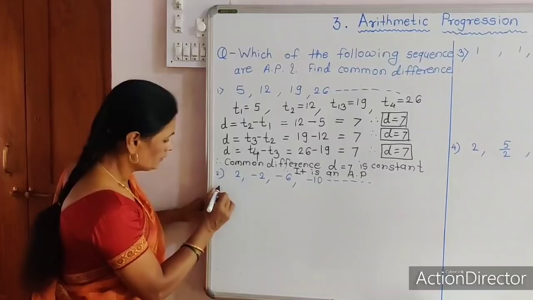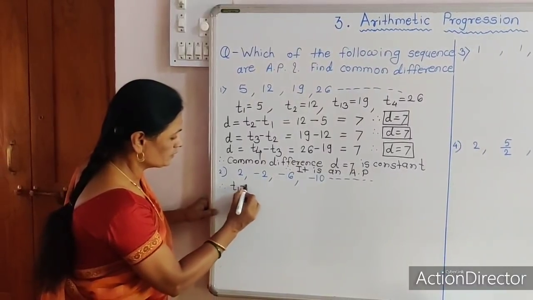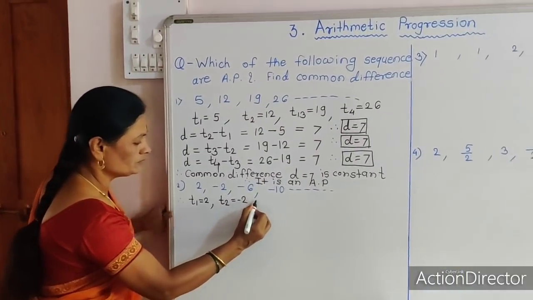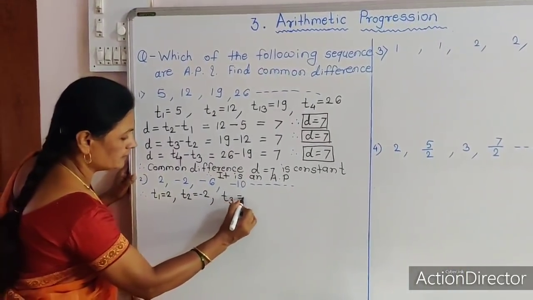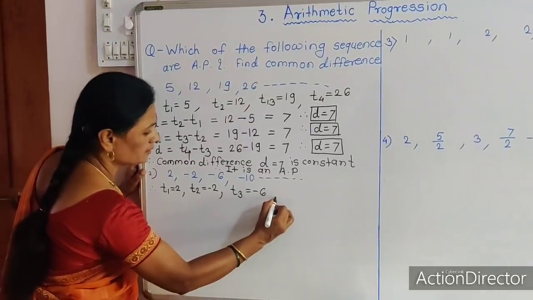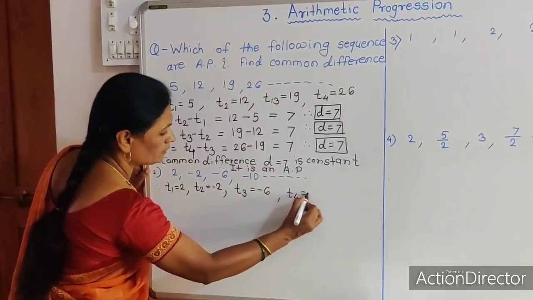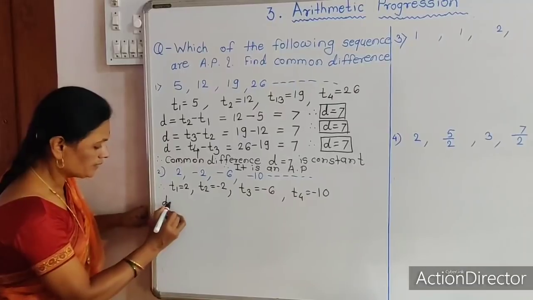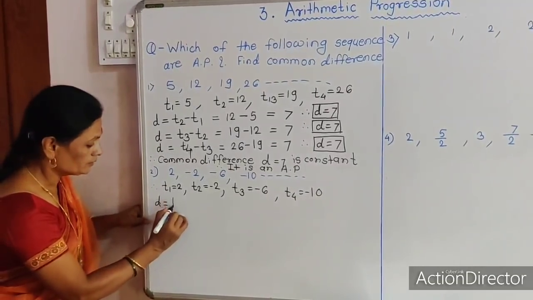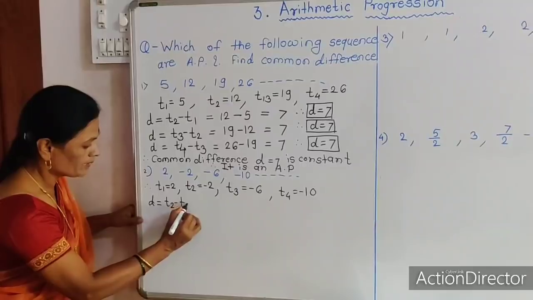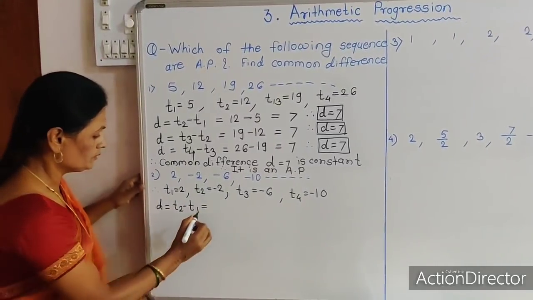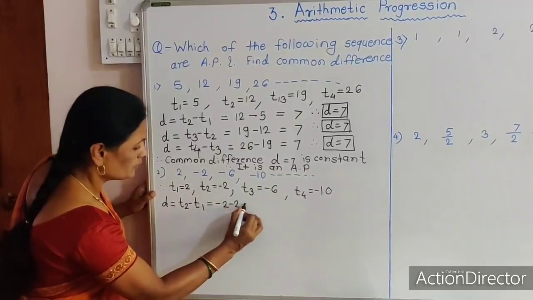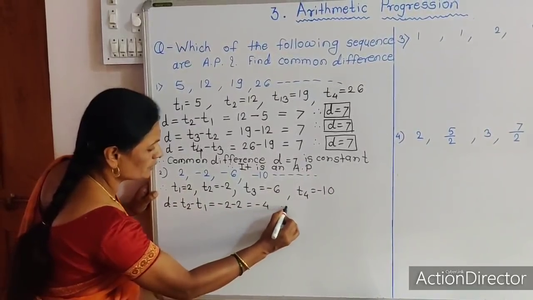Here also, first we write T1 is equal to 2, T2 is equal to minus 2, T3 is equal to minus 6, and T4 is equal to minus 10. Now we find D is equal to T2 minus T1, which is equal to minus 2 minus 2, equal to minus 4.